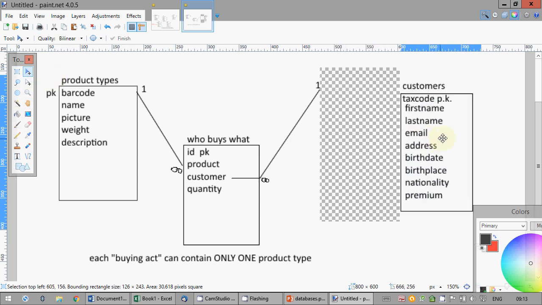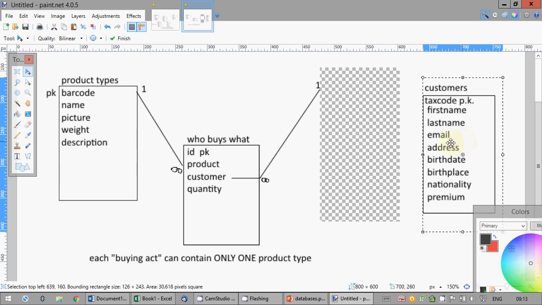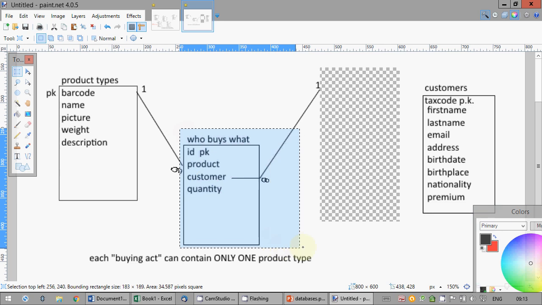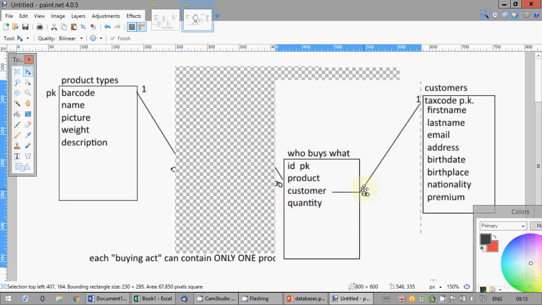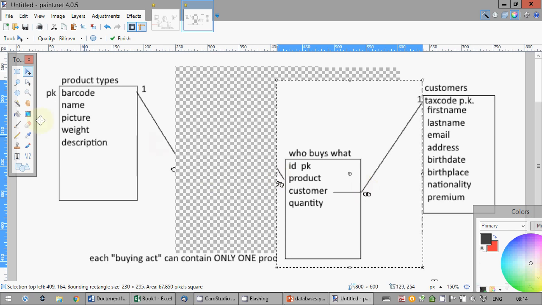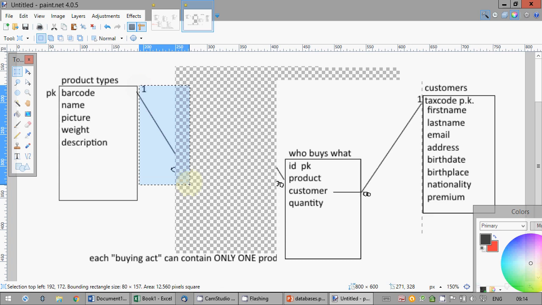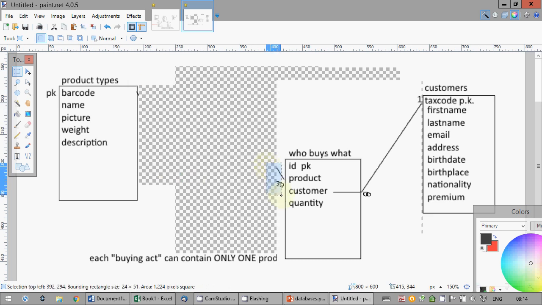The advantage of using a computer instead of a real blackboard. I need to move this table here with the relation. So I'm making space. I need to remove things here. I will keep in this table only the administrative information about the order.